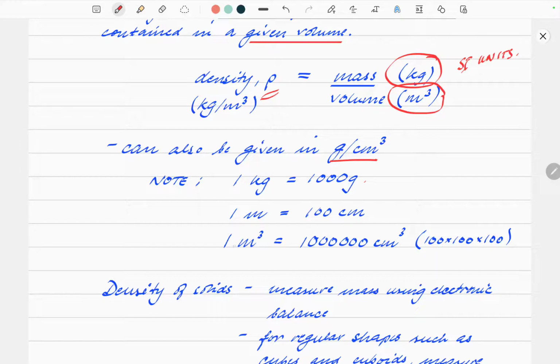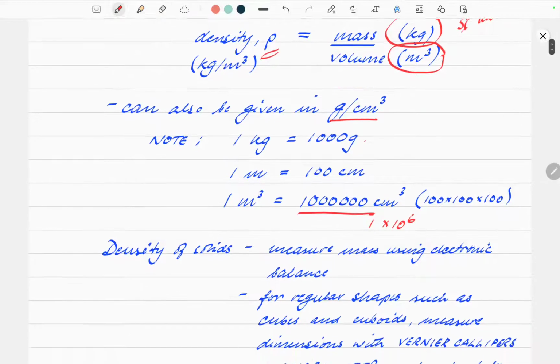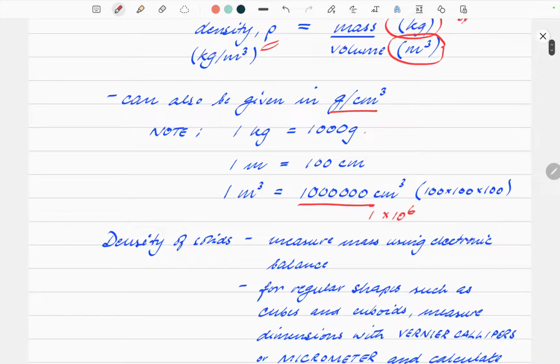Therefore, a cubic meter is 100 centimeters times 100 times 100, which is 1 million cubic centimeters, the same as 1 times 10 to the 6 cubic centimeters for every cubic meter. So make sure you convert correctly between units.